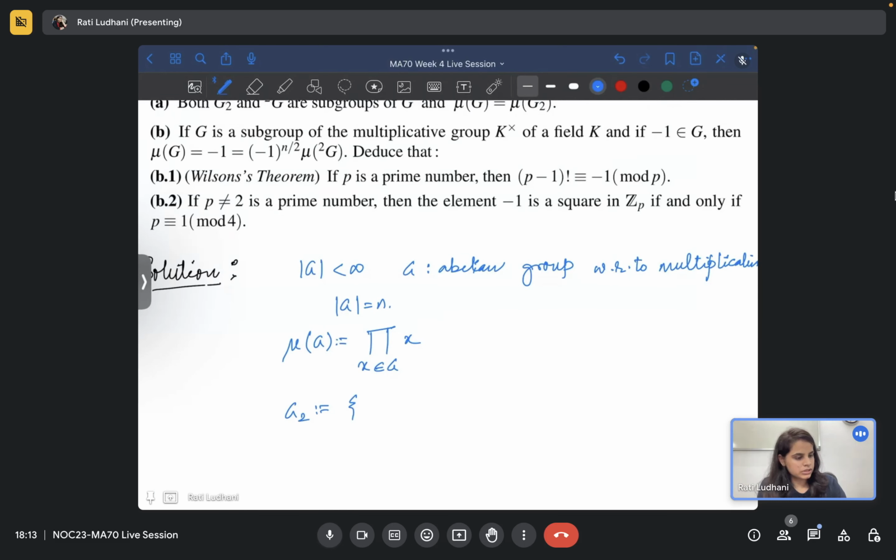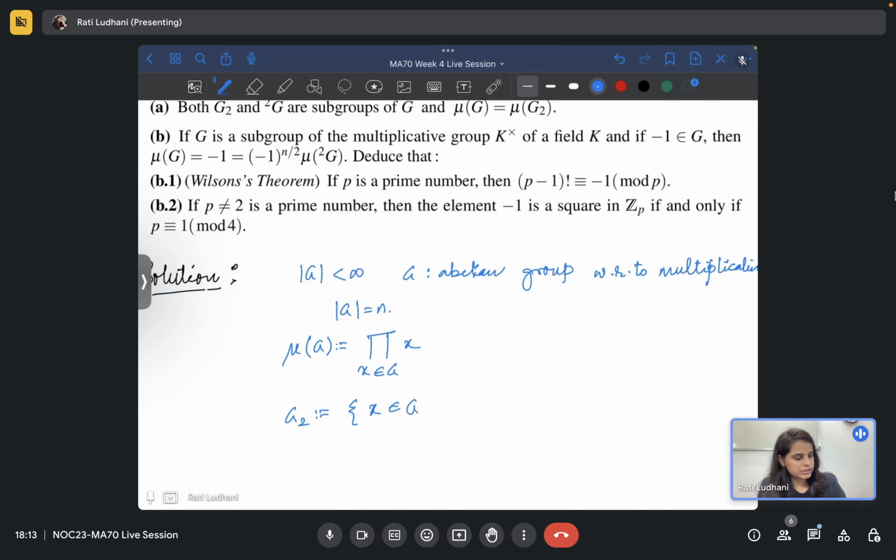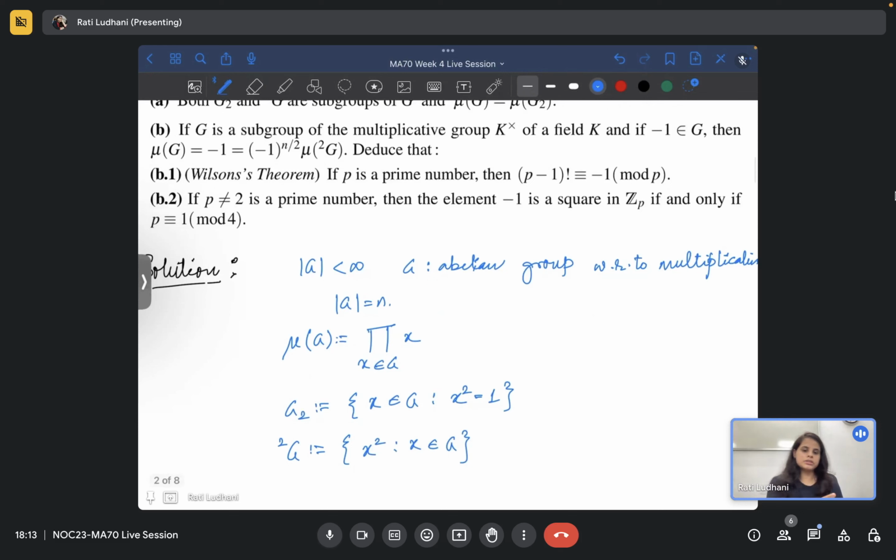G2 is a set which contains all the elements x of G such that x square is equal to 1, and 2G is equal to all the elements x square such that x belongs to G. So just square all the elements and consider the set of distinct elements.